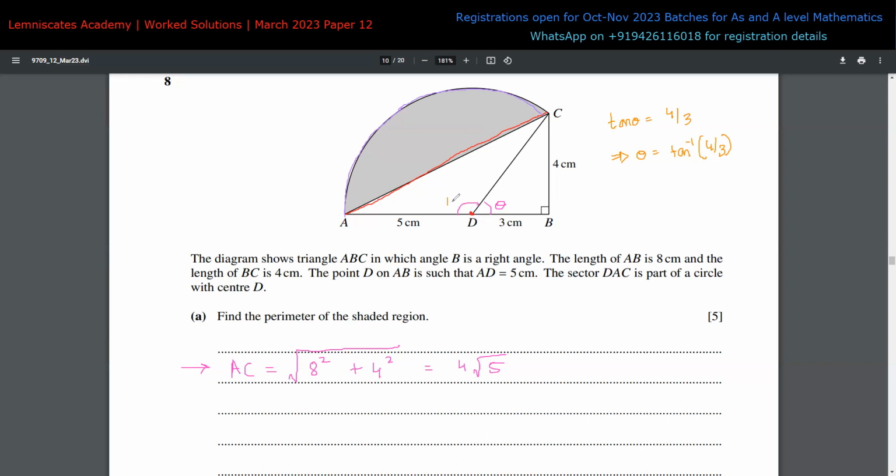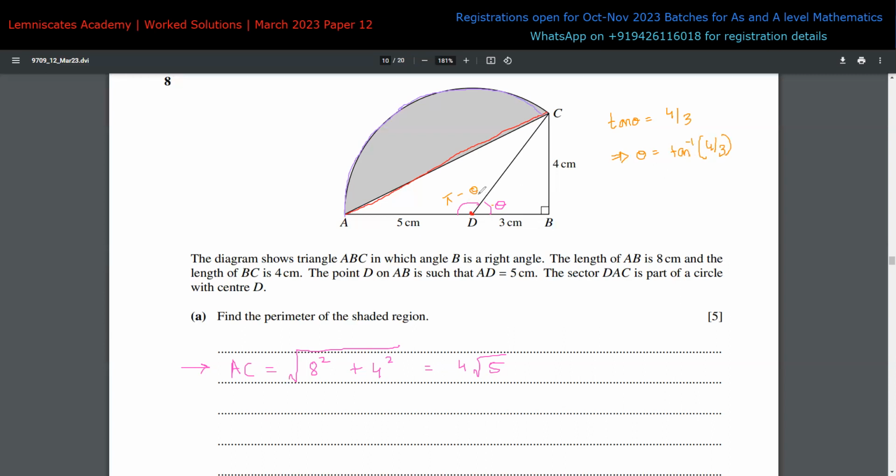And this angle will simply be pi minus that theta, because this is complete 180, which in radians is actually pi radians. So from this pi, we are subtracting this theta to get this angle, right? So that's pi minus tan inverse 4/3.